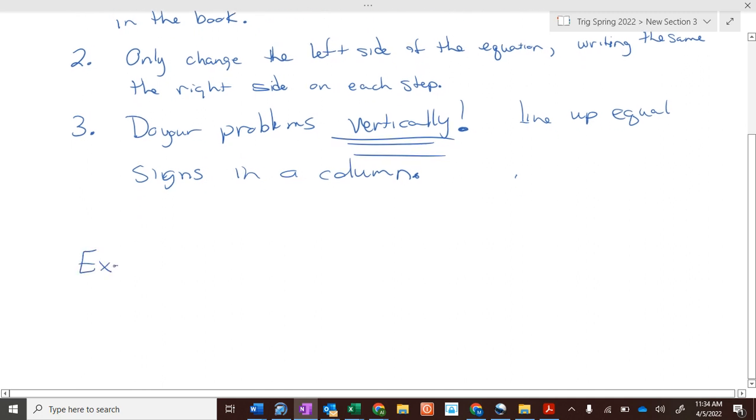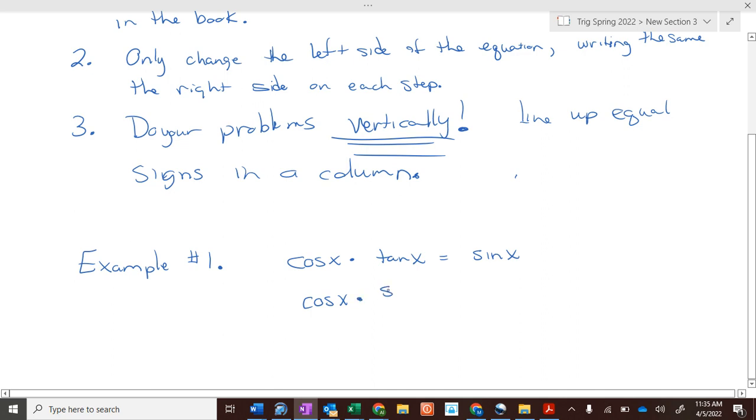Example number 1. Cosine of x times tangent of x equals sine of x. We have to prove this identity. So we're going to keep the right side the same and change the left side. What part of the left side should I change?